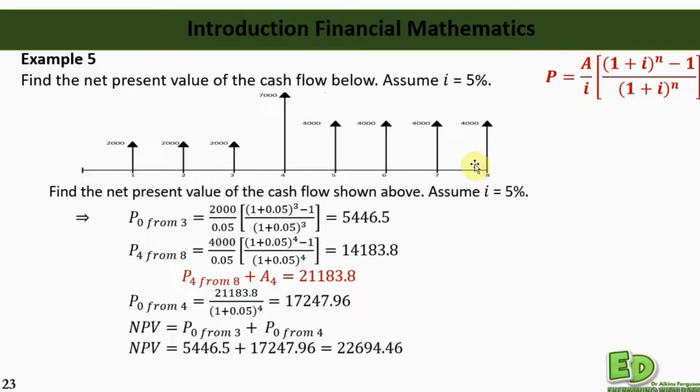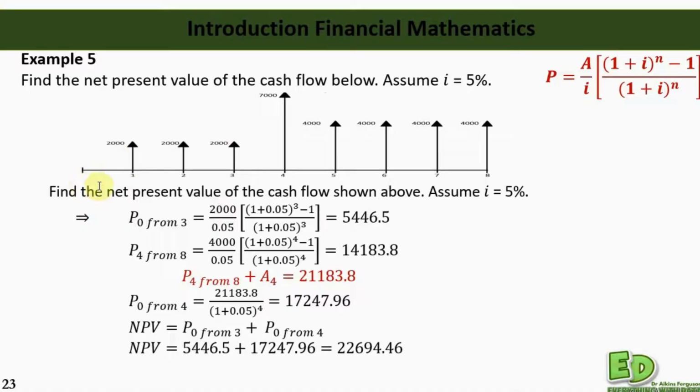So you have to find the present value. This is a uniform amount, so we can bring this directly to year 0. It brings you to the period immediately preceding the beginning of the cash flow, which is year 0. So this 2,000 for 3 years brings us to year 0, moving 1, 2, 3.